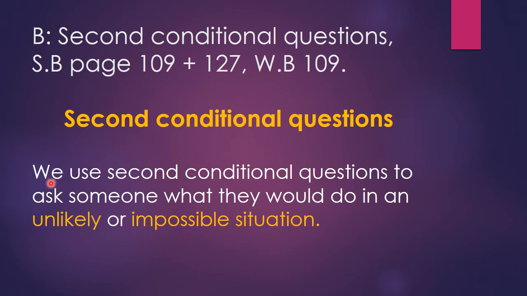We use second conditional questions to ask someone what they would do in an unlikely or impossible situation. So we now know that we use the second conditional to talk about events or actions or states that are unlikely to happen or maybe impossible.